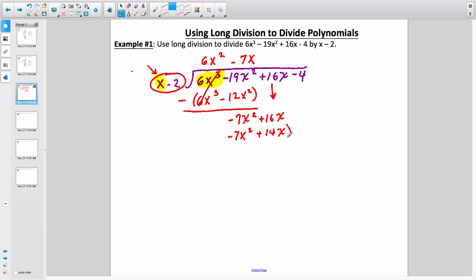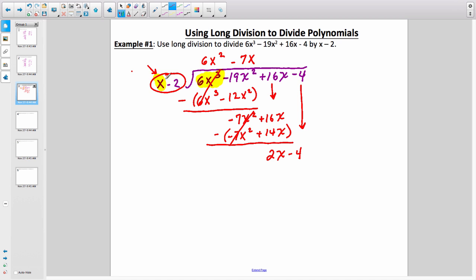Let's put that in parentheses with subtraction. Negative 7x squared subtract negative 7x squared, they go away. That's what we wanted. 16x subtract 14x, that's 2x. Bring down your last term, that would be a negative 4.